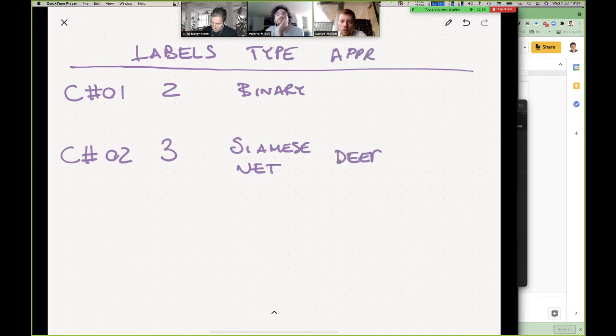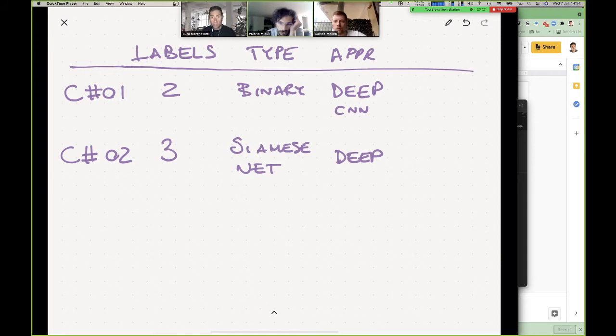What about C1? Is it deep or shallow? It's a convolutional network, a CNN that you run on each patch. And this is a Siamese network, same approach, same CNN. It takes two inputs, the second classifier, actually.